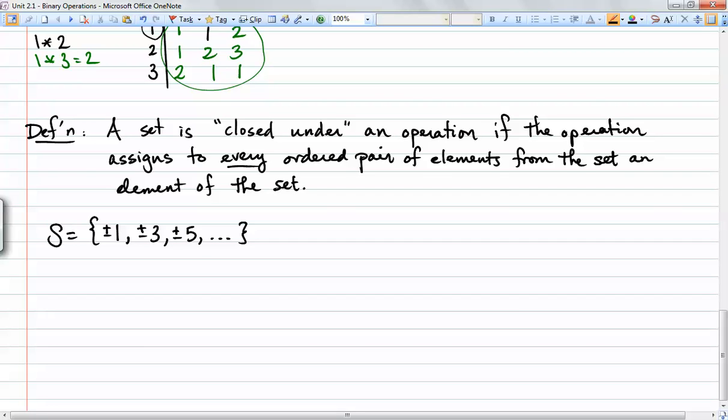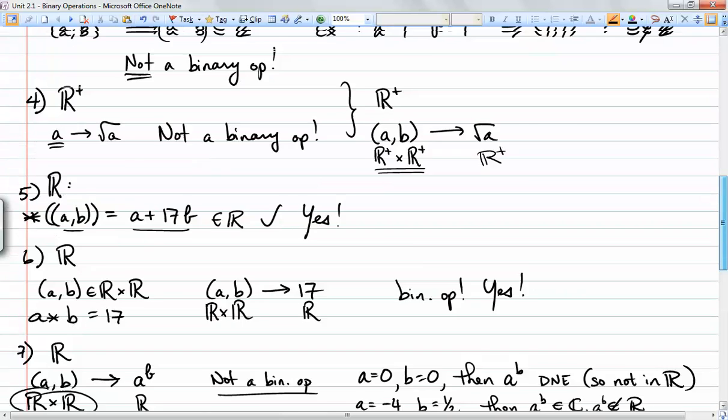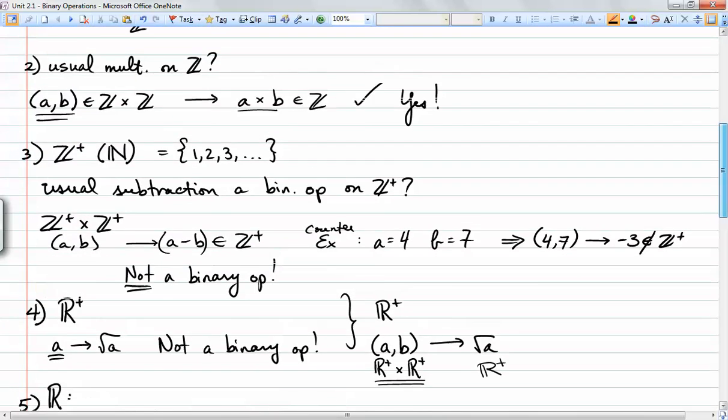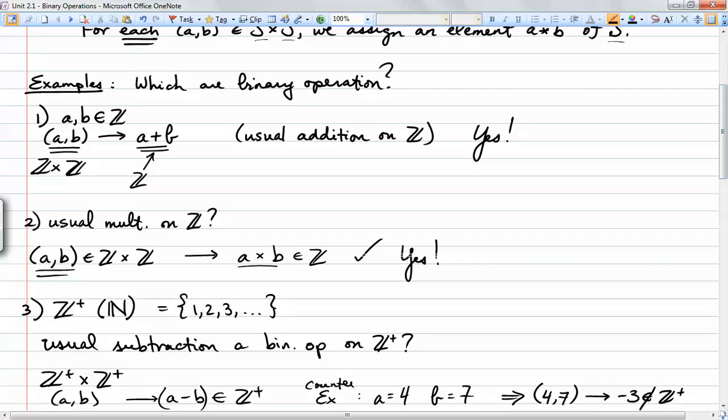Now, if I just did the integers, I think we had this up here, didn't we? Yeah, the very first example we did, if I do usual addition on Z, that's a binary operation. And it's closed because every Z cross Z element that I can take, I assign an element from Z. So that's closed, and it's a binary operation.